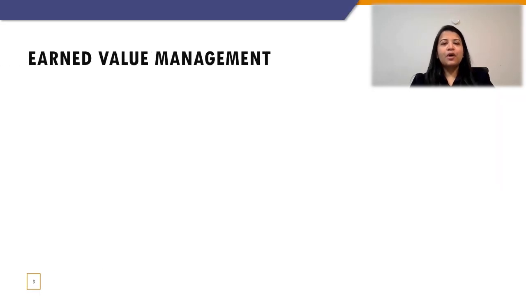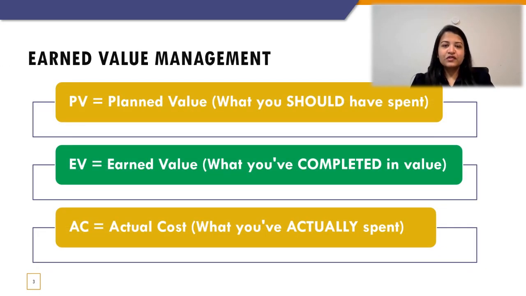Let us come to earned value management in the first place, talking about EV, PV, and AC. Let's start with PV, which is planned value, which makes sure that you understand that this was something that was planned for you to use, as in this is the value that is being planned when the project gets started. So that is nothing but the plan.